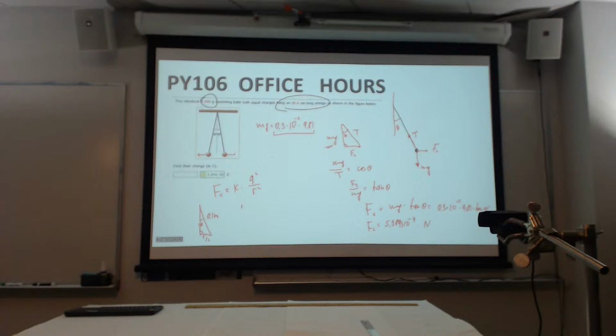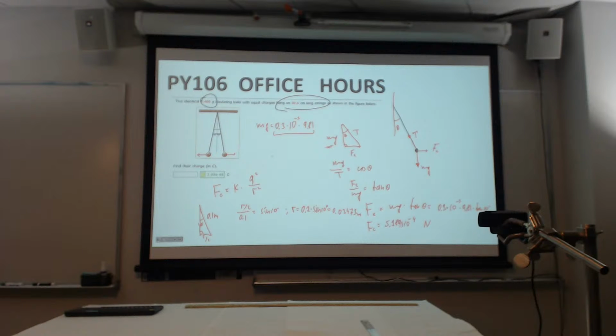So R over 2 over 0.1 should be equal to sine of this angle, and the distance is supposed to be equal to 0.2 times sine of 10 degrees. 0.2 times sine of 10. So I got 0.03473. Yeah, that's what I got too.